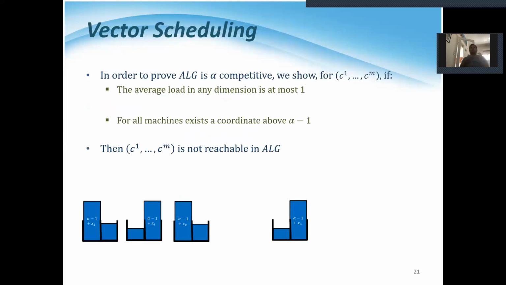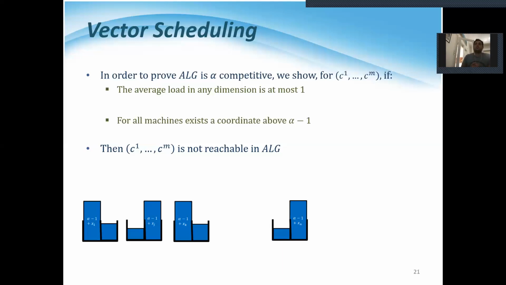Okay, so how do we prove this for this family of algorithms? If I want to prove that this priority-based algorithm is alpha competitive, we need to show, for example, the following: if the average load currently in any dimension is at most 1, and for all machines there exists a coordinate above alpha minus 1, then this state is not reachable in alpha. If we are able to show it, then we can say that the algorithm is alpha competitive.